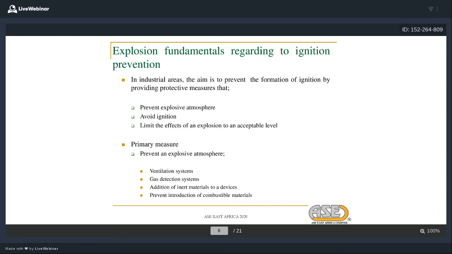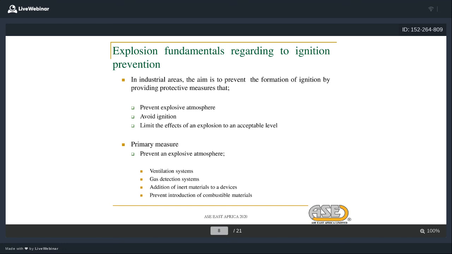There is also addition of inert material to a device, so the device is inerted to prevent the introduction of combustible materials. This is to decrease the use of combustible materials.